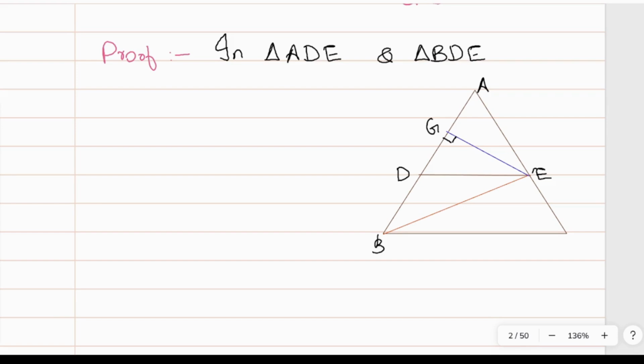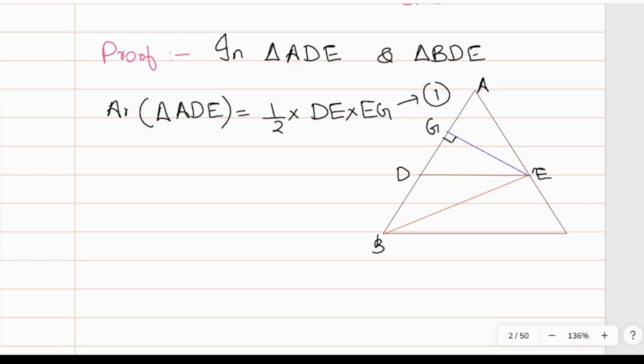In triangle ADE, what is the area of triangle ADE? Area of triangle ADE equal to, we know that if you want to find the area of a triangle, we have to take half into base into altitude. Here, I have to take half into, if I am taking my base as DE, then my altitude is EG, and naming it as equation 1.